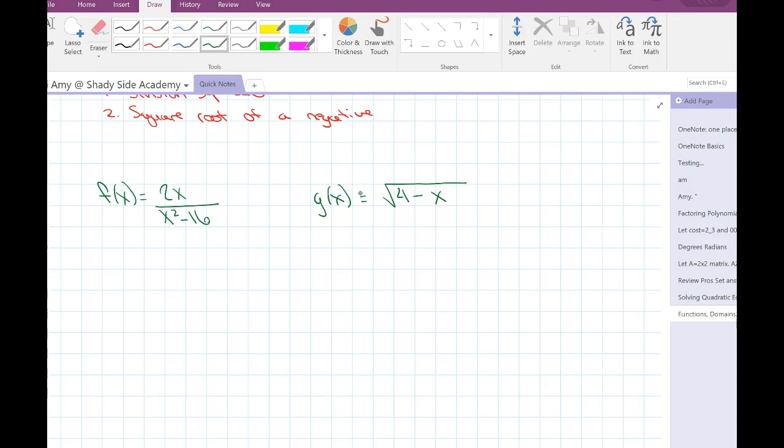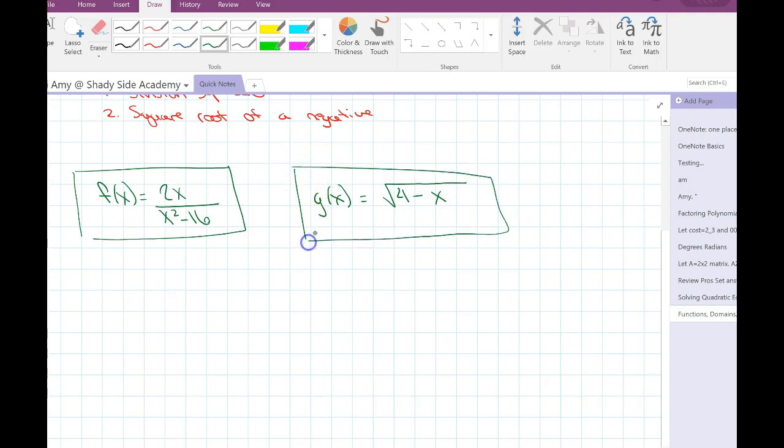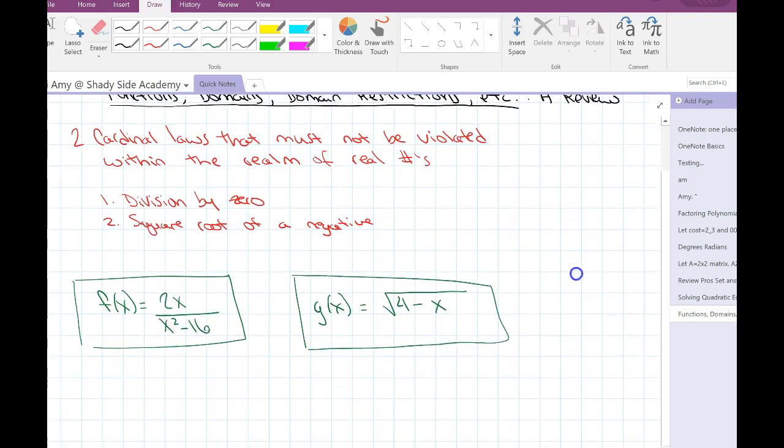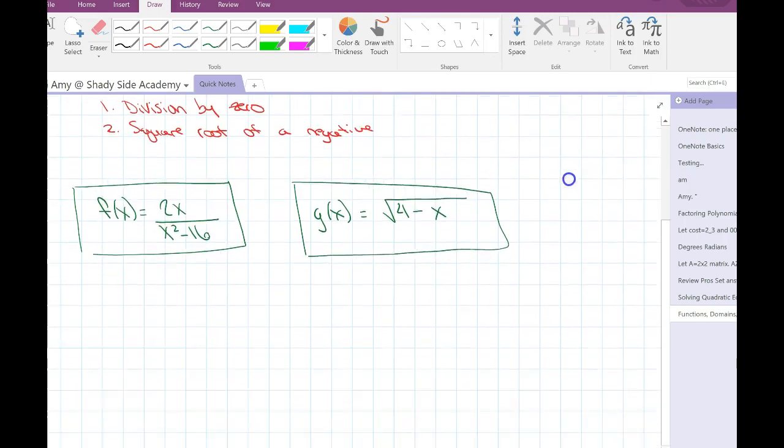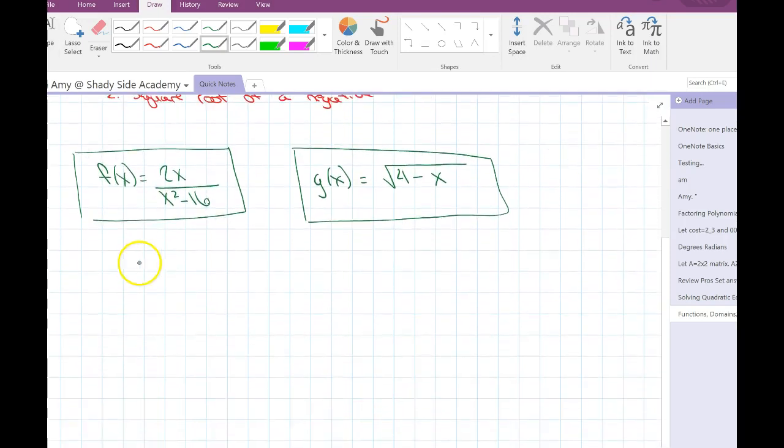Well, let's see. Maybe some of you will remember that division by zero, well, not remember, you've just been told above about two cardinal laws that must not be violated within the realm. You may remember that f of x, 2x over x squared minus 16, that denominator is factorable. Okay, this is a difference of squares.